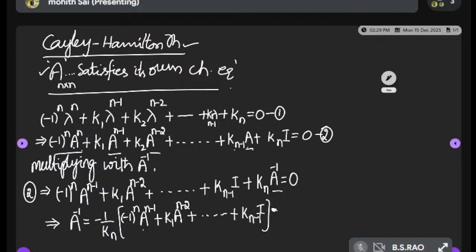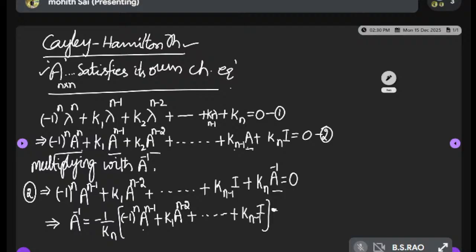Write out: the inverse of the matrix can be obtained by using the powers of the matrix.